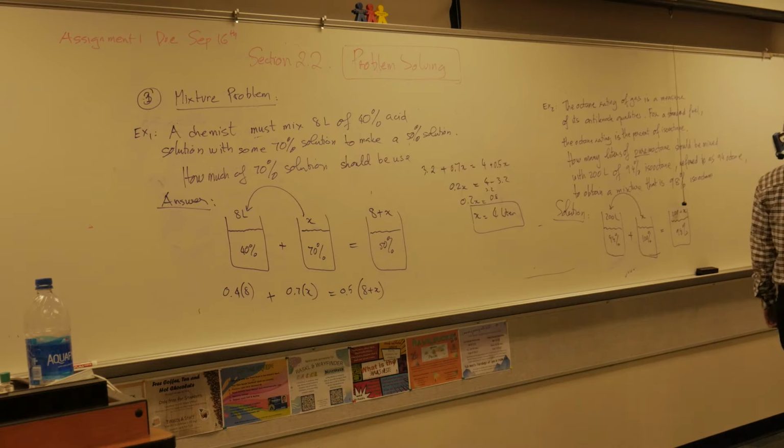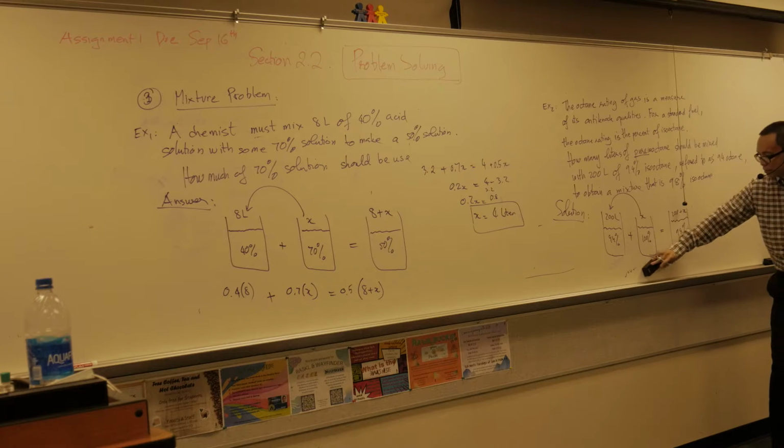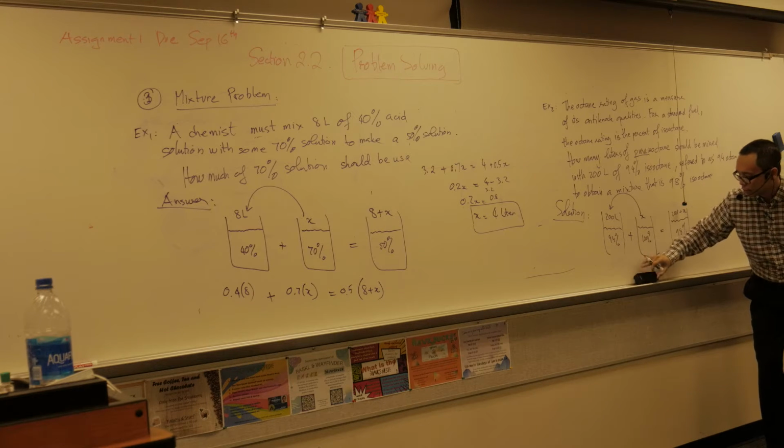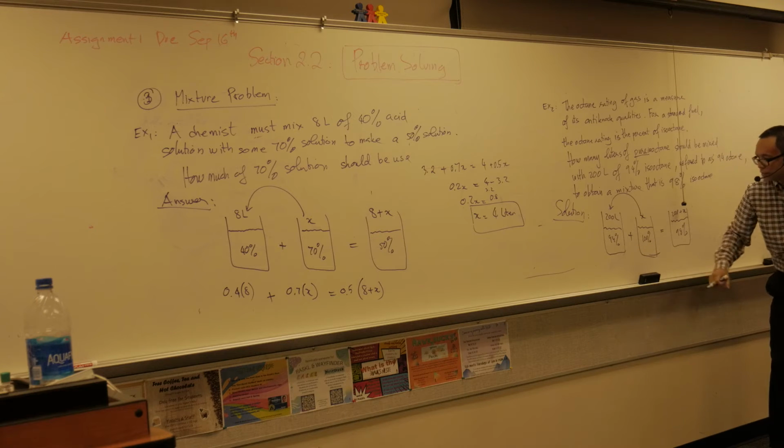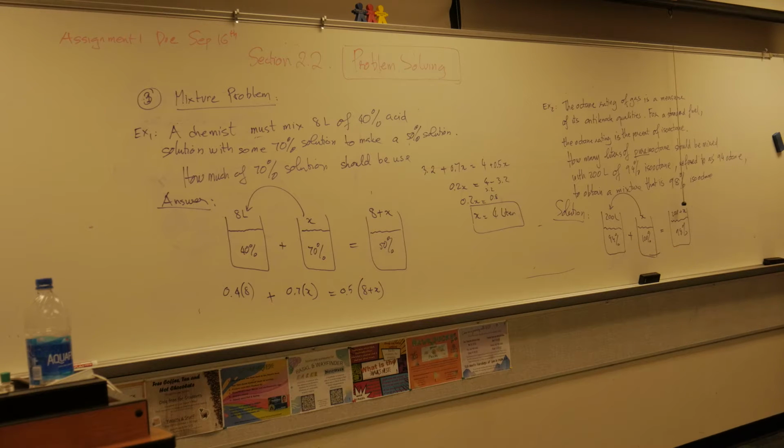So what will be our equation? Anyone? It will be 0.94 times 200 plus x, plus x over e, equals 0.98 times 200 plus x.